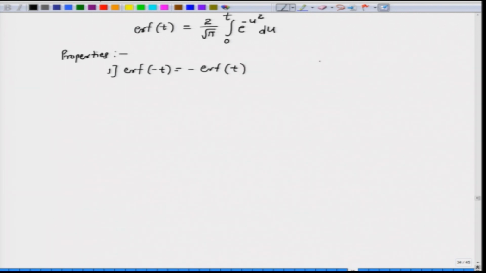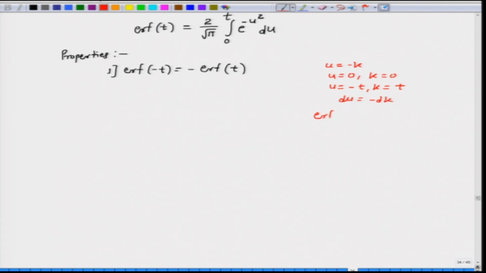For example, if we make a substitution u equal to minus k, then when u equal to 0, k equal to 0, and when u is equal to minus t, k equal to t, and also du is equal to minus dk.